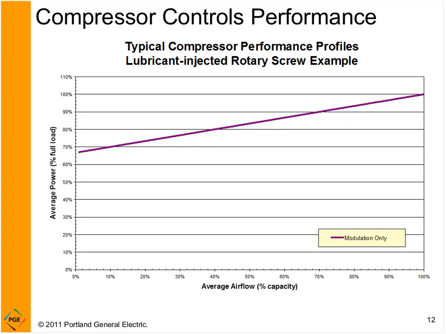Way up here at 100% flow, you can see I have average percent capacity of the machine required. If I need 100% flow, then I'm going to use 100% power. That kind of makes sense, right? So there's my power on this axis over here, the y-axis, not to get too complicated.